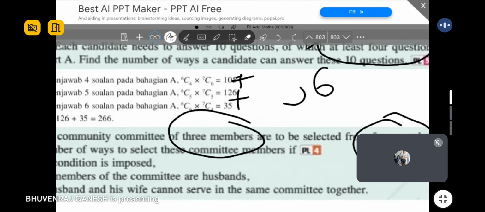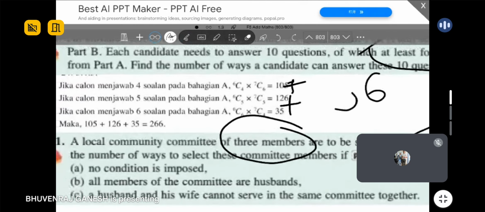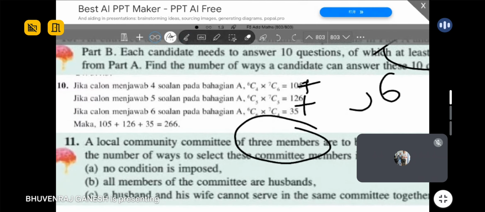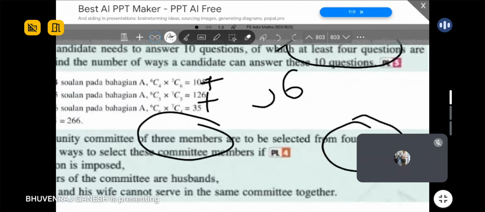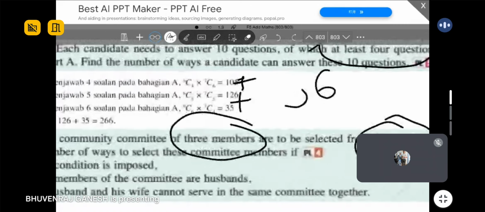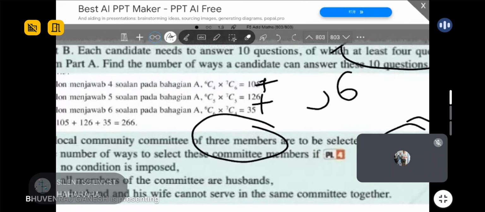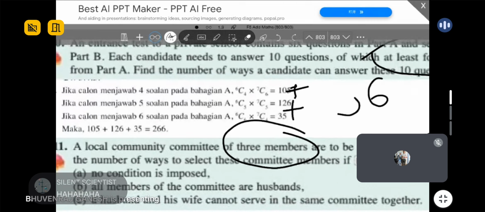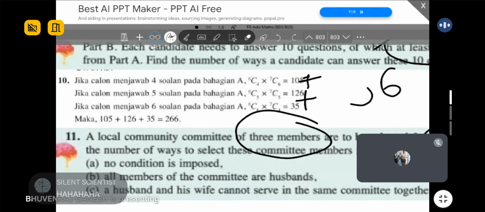Okay, guys, this is your favorite question. Am I right? Ini soalan, kalau kamu tak dapat markah penuh, tak payah berkahwin. Okay, no need to get married, guys. If you answer this question wrong, trust me, in the future, you will not get married. Confirm 100%. I tell you, you will not get married one if you get this question wrong. Because all the questions are related to how you find a partner. Can you all see it?